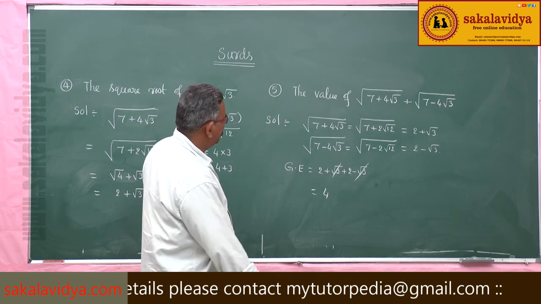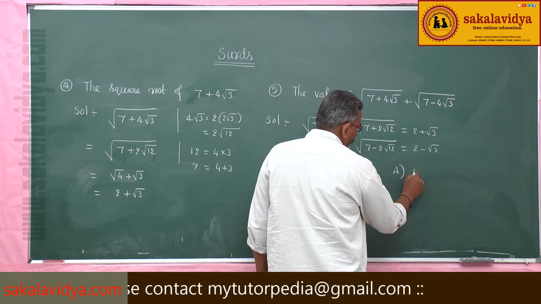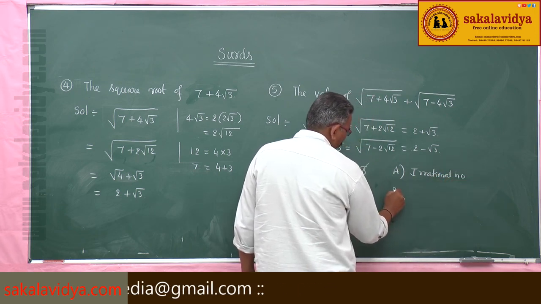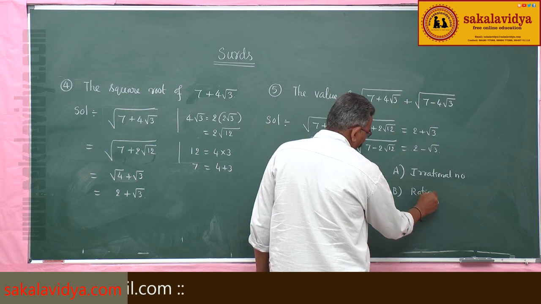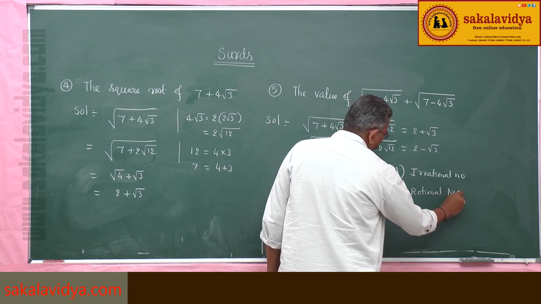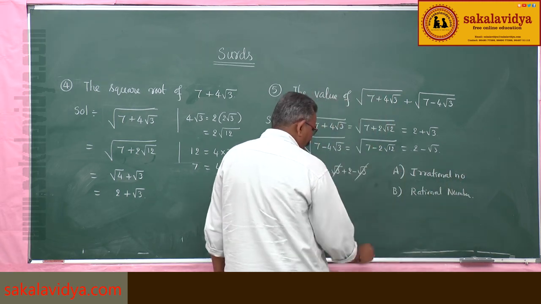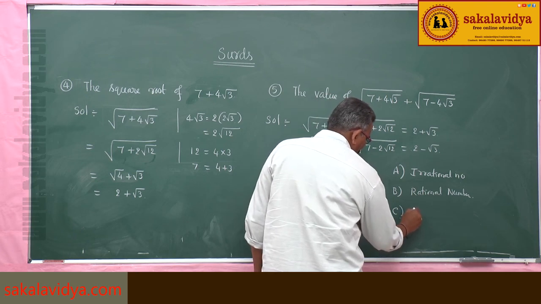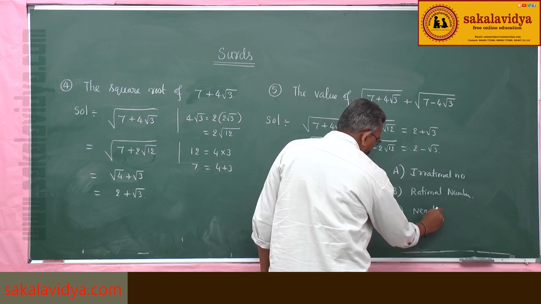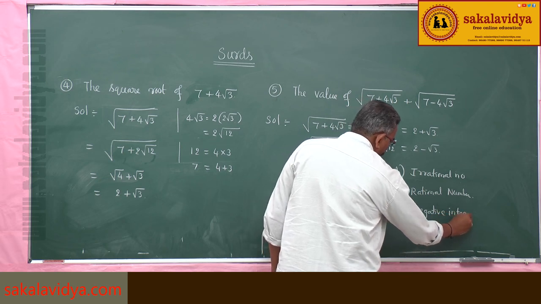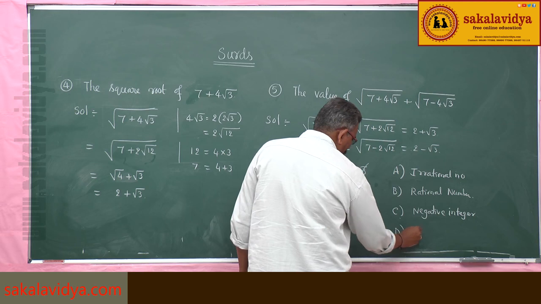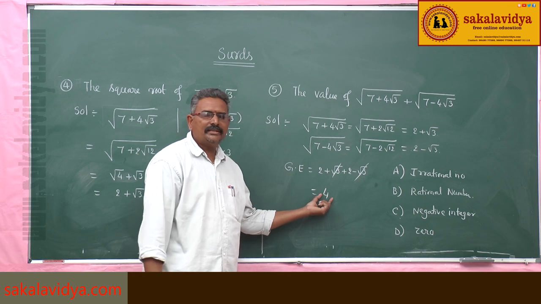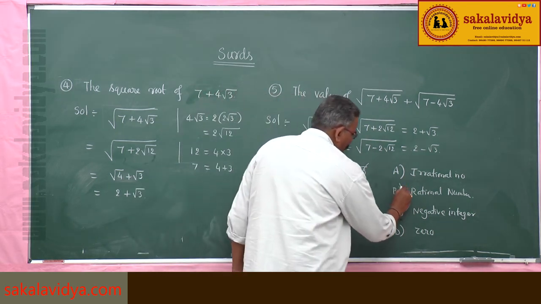The options may be like this: A irrational number, B rational number, C negative integer, D 0. Which is the correct option? Here 4 is nothing but a rational number. So, the option will be B.